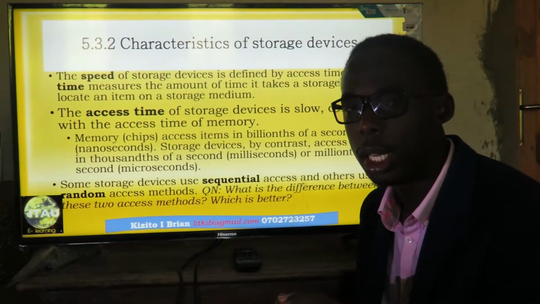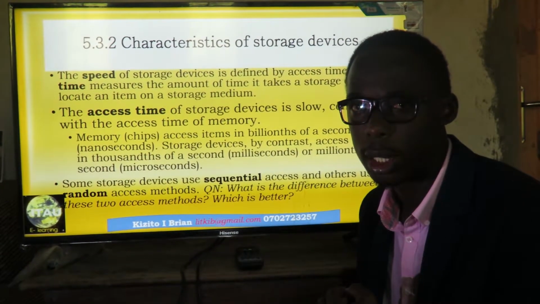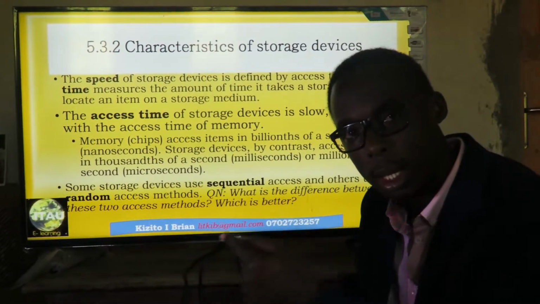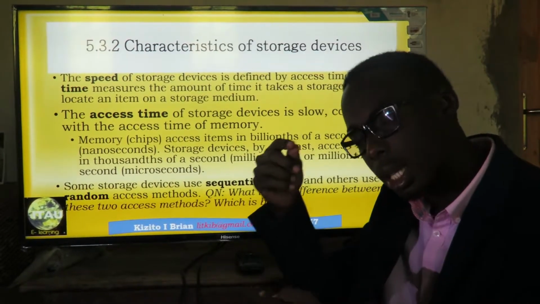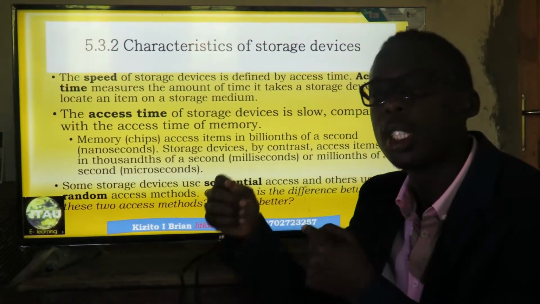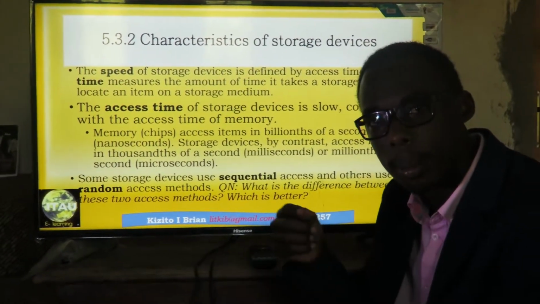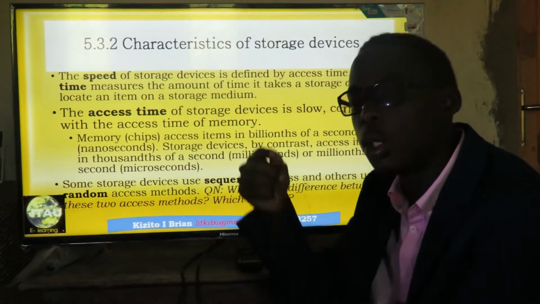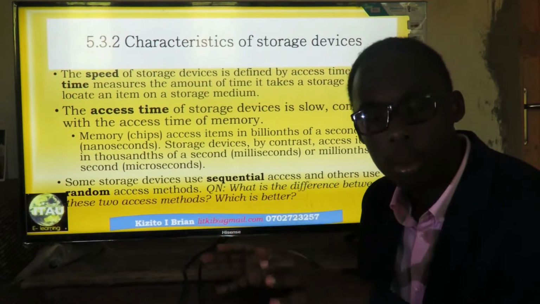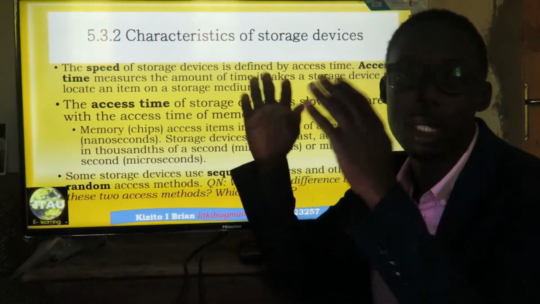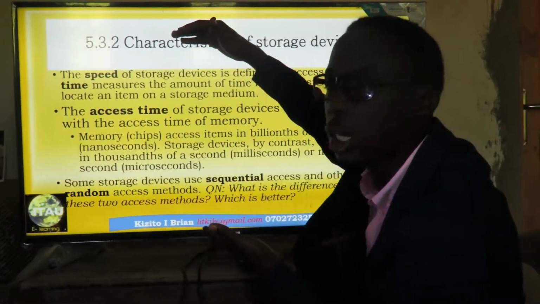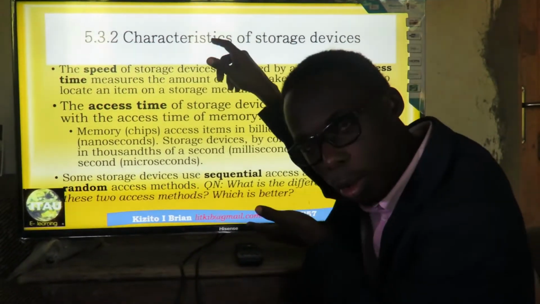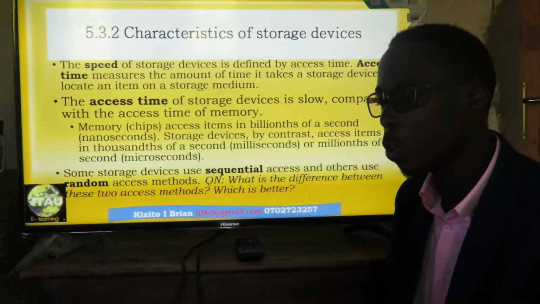Sequential is common in optical storage devices where data is stored in a sequence, and accessing this data will follow a specific sequence, from A to B, B to C. Whereas with random data access, as you open a flash disk, the flash disk will display for you all the files that are on that disk, and you will choose randomly which file you want to open.